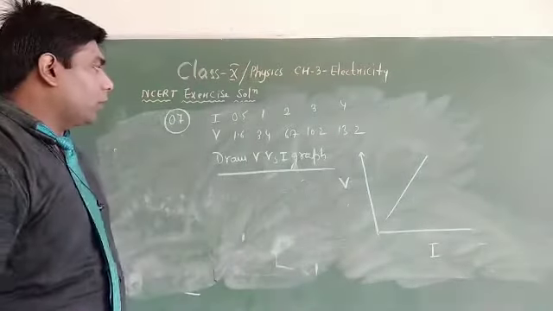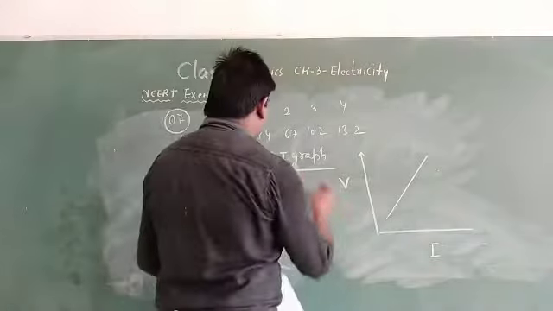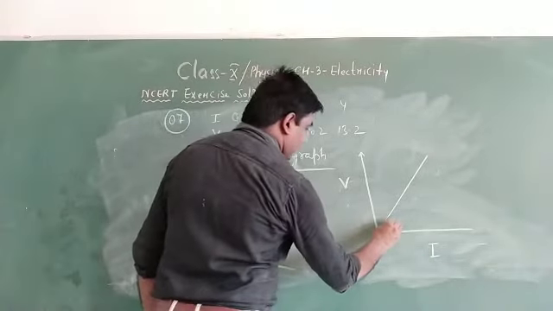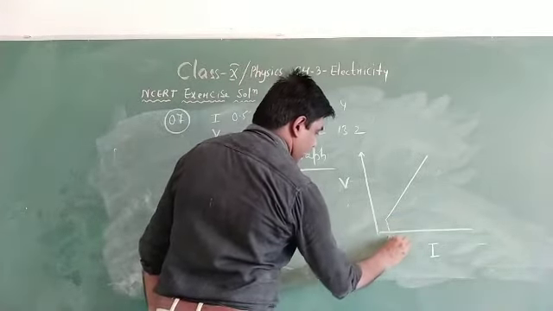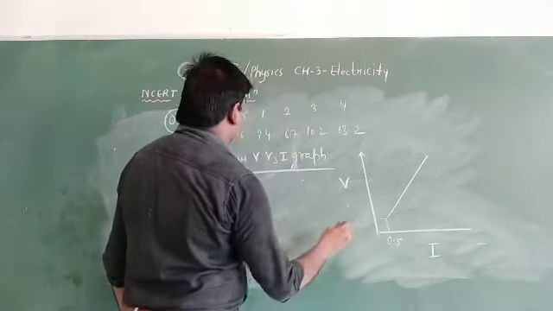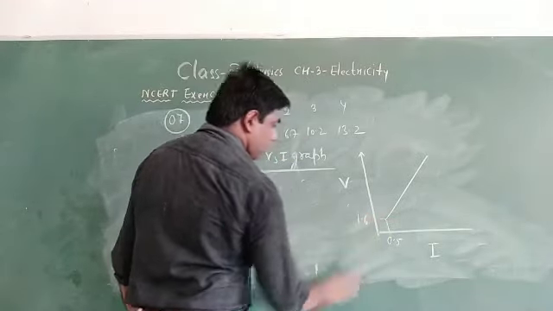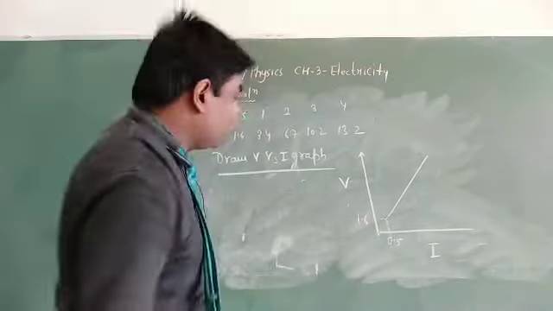It will be a linear graph, right? That is corresponding to, let us say, 1.6. Corresponding to 1 ampere, it is 3.2.